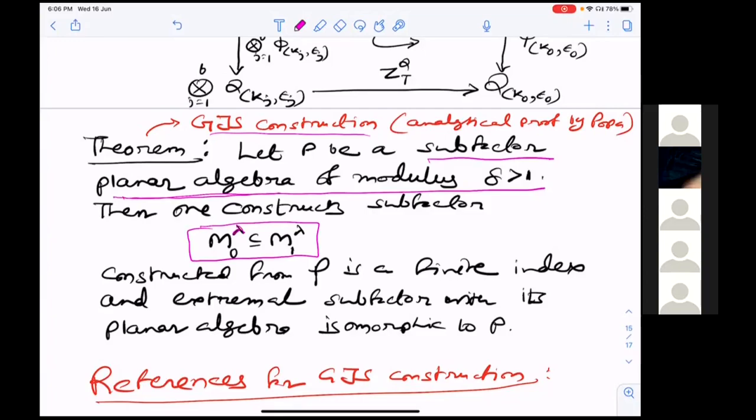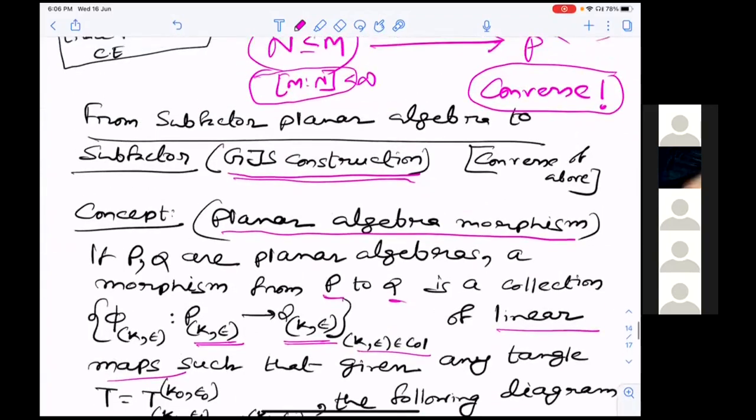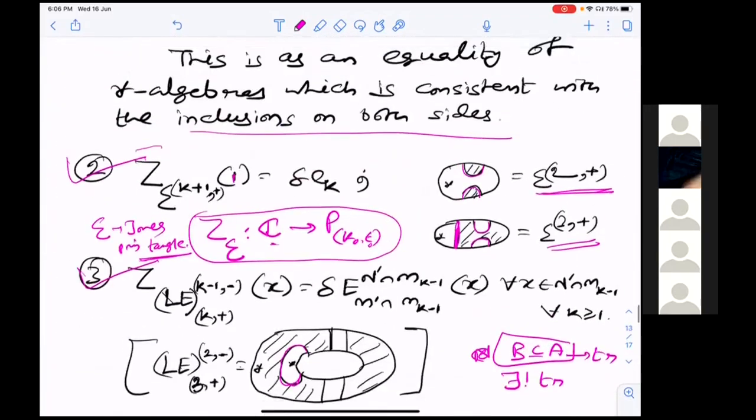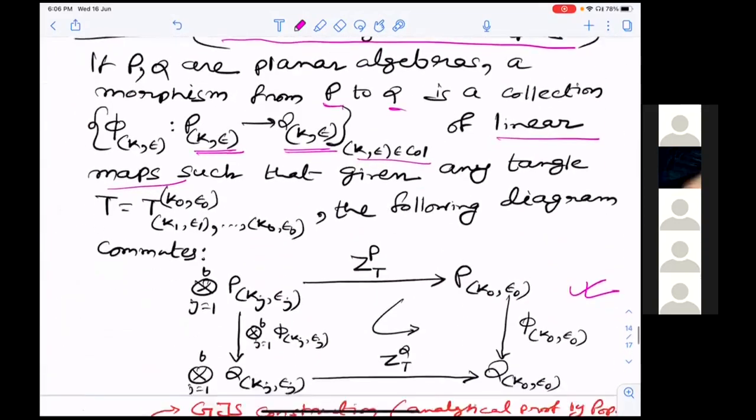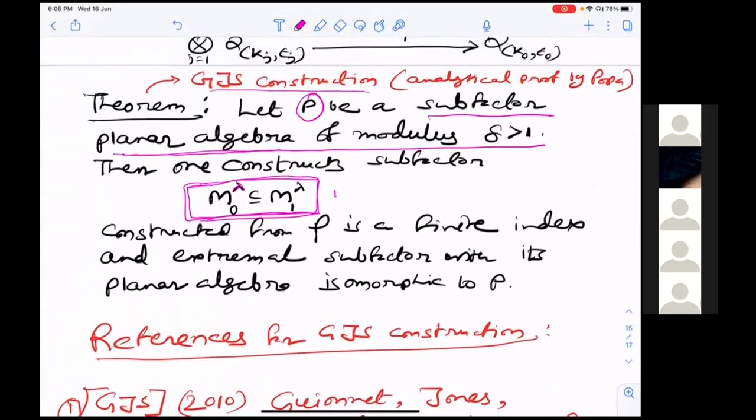So from this subfactor planar algebra, one can construct a subfactor such that the index of this subfactor is finite, and the planar algebra of this subfactor, in the Jones theorem sense, is isomorphic to the original planar algebra you started with.